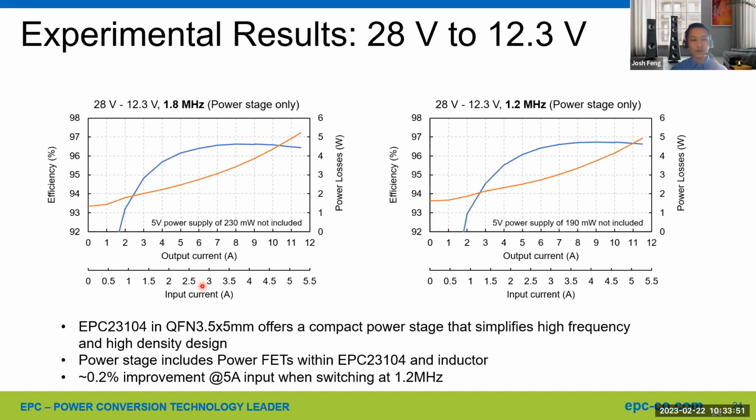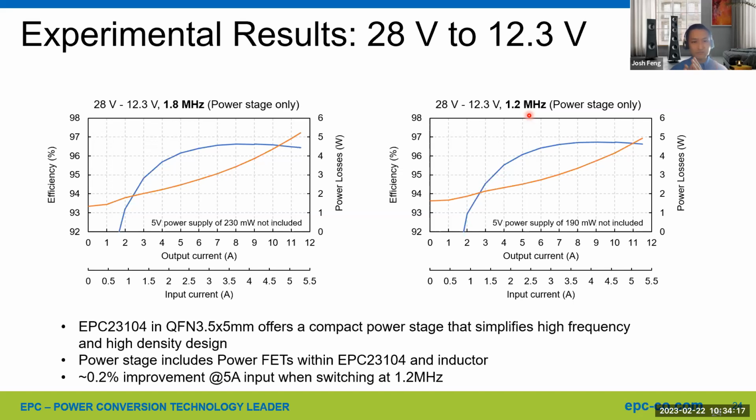That is a good 5 watts or less of power losses. If you plan to further improve the efficiency, you can reduce the switching frequency a little bit. In this particular case, we tried 1.2 megahertz as well. It can further improve, and if you go down to 1 megahertz, you get an efficiency improvement of 0.2% to 0.4%.